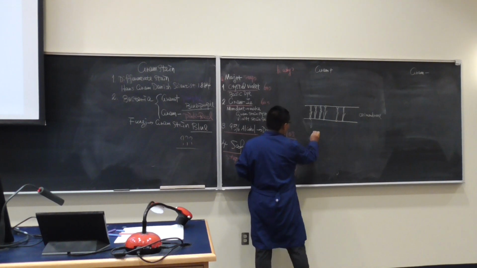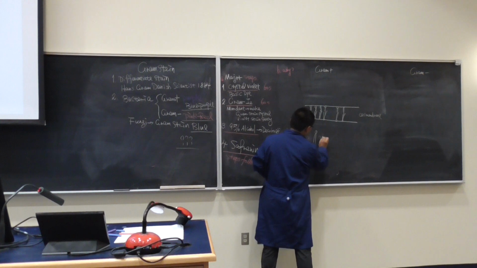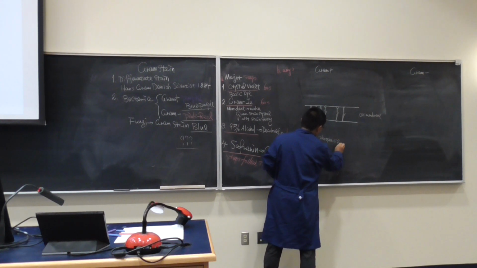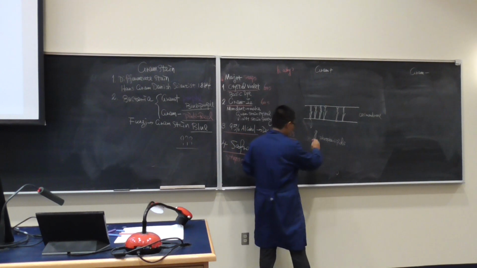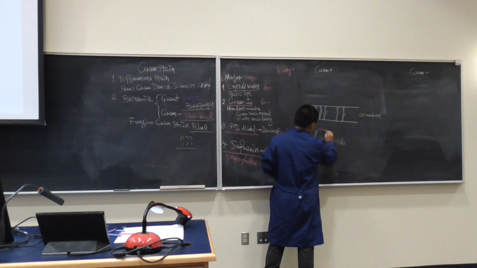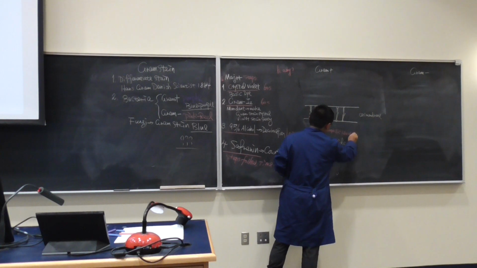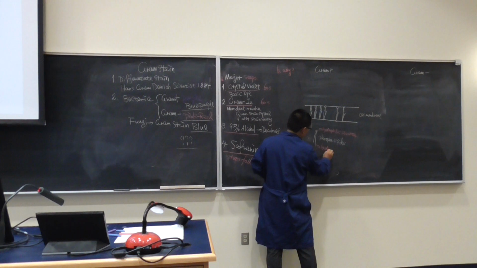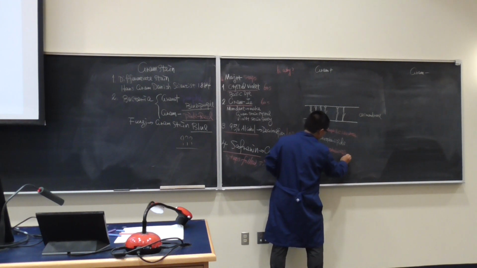If you took this out, we call it phospholipids. The head is hydrophilic, like water, and the bottom one, the tail, is hydrophobic, dislikes water.